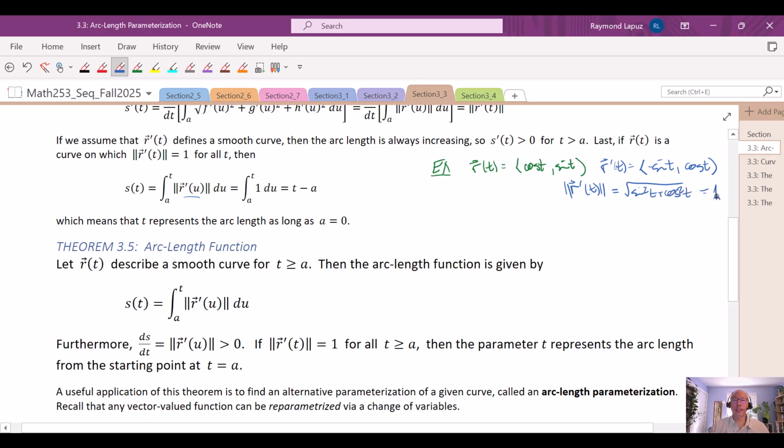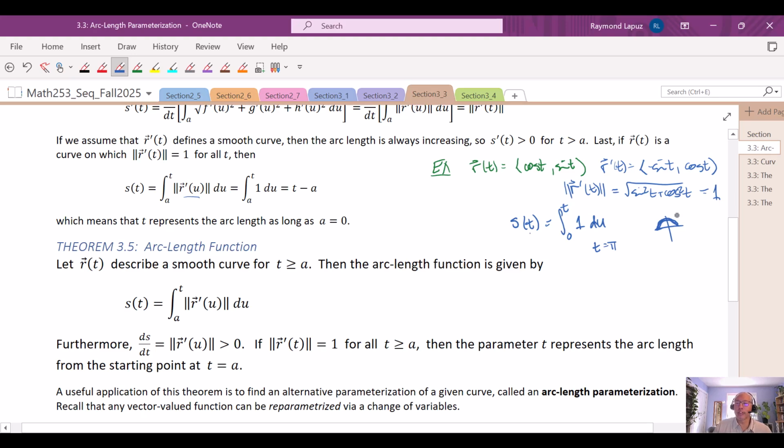So that's perfect. And then we note that s of t will be equal to the integral from 0 to t of 1 du. And whatever we put in for t here will give us the exact arc length. So let's say t is equal to pi. Then we look at the length of the circle that ends at pi, and the arc length is going to be pi.